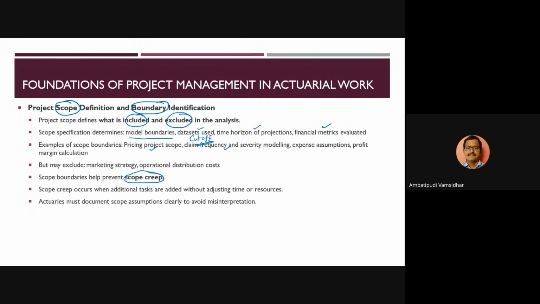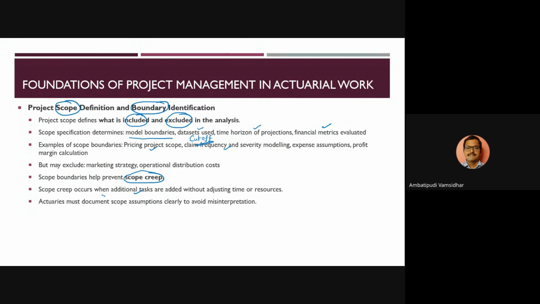So scope creep has to be handled for a successful completion of a project. Additional tasks are added without adjusting the time or the resources. That is where it may look like you have an overrun in the project, a cost overrun, all these things are very much possible.